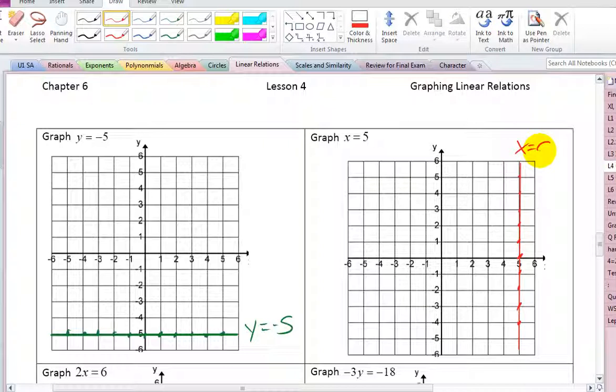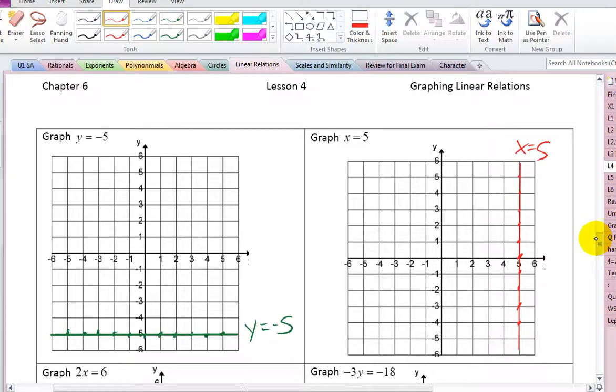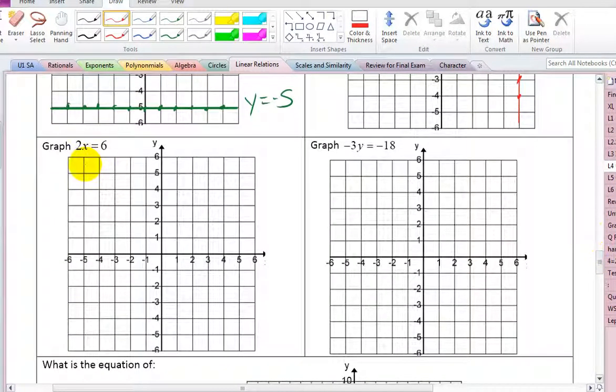X equals +5. Pretty easy. Now I can't make it that easy. I mean, that's just like ridiculous. So now find what x equals, graph it. Find what y equals, graph it. Go.